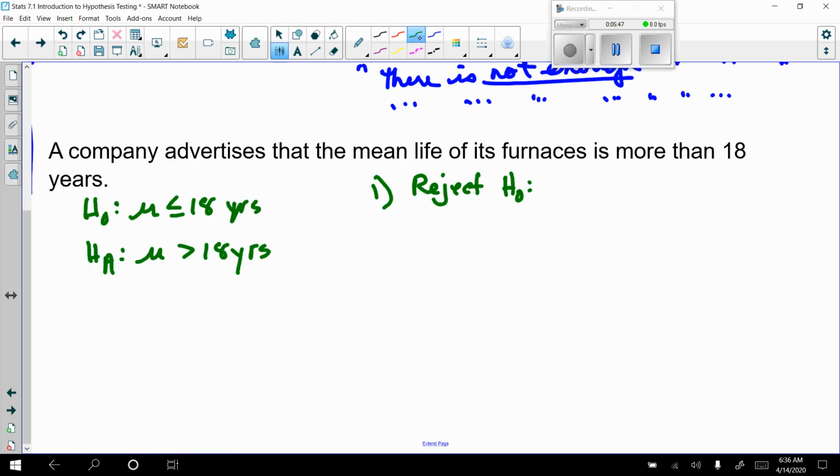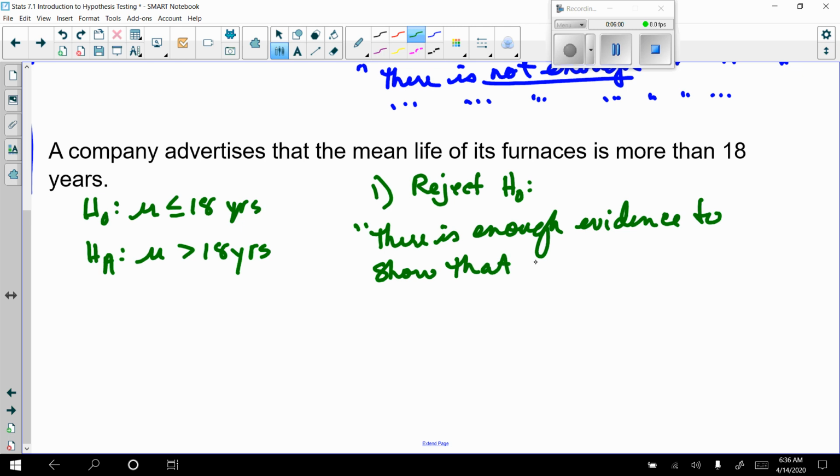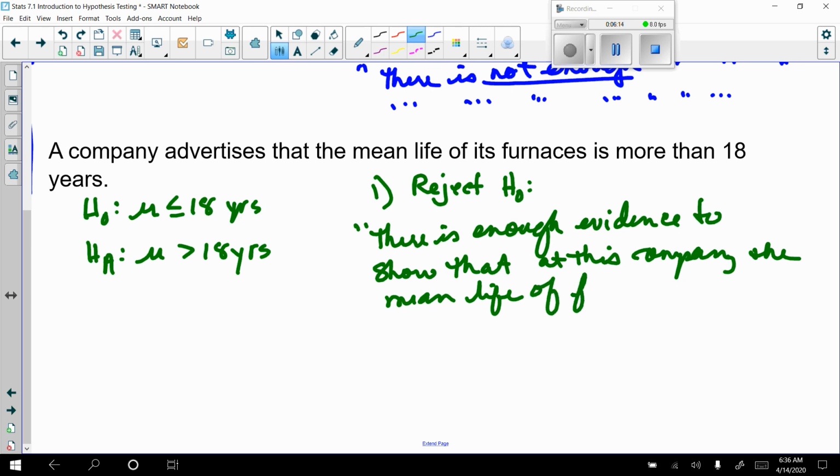If you reject H naught, then there is enough evidence to show that at this company, the mean life of furnaces is greater than 18 years.